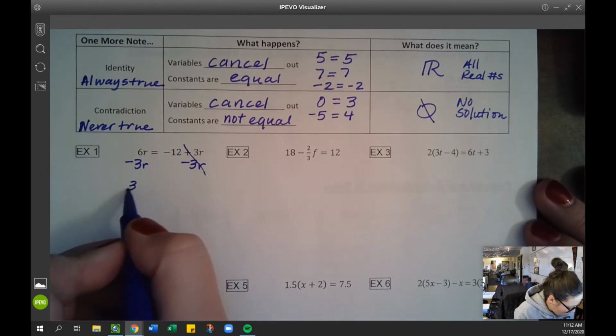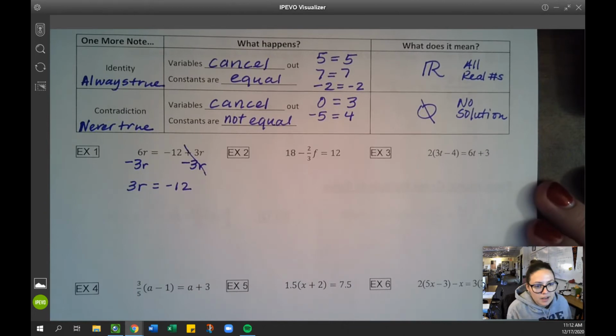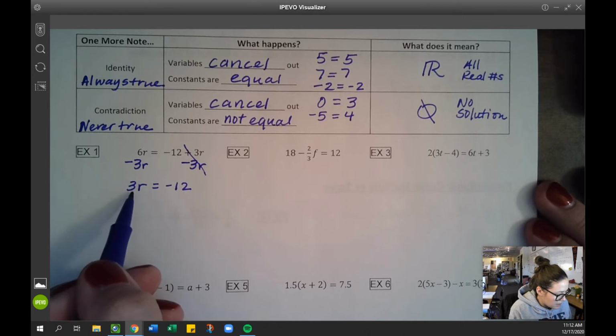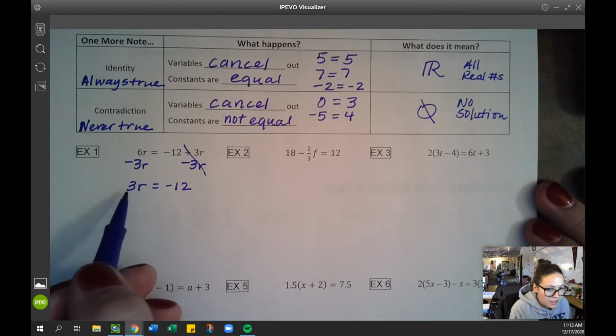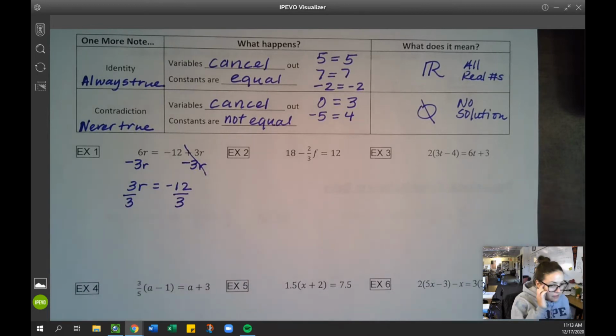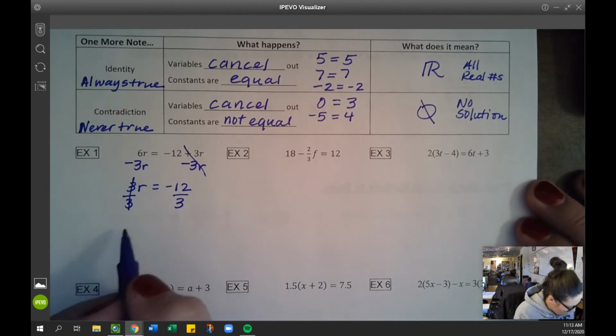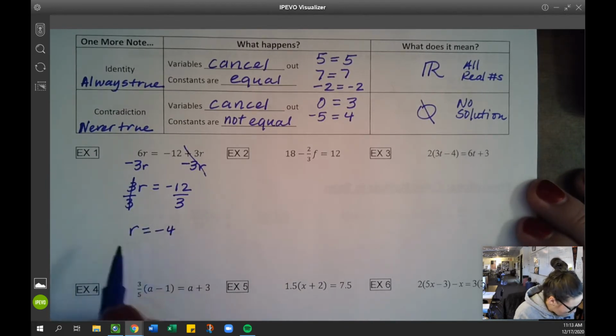We're left with 3r equals -12. 6 minus 3 gives me 3r. What's being done to my variable? Well, the only thing that's being done to my variable is multiplication. So I undo that by dividing both sides by 3. Those one out, and I'm left with r equals -4.